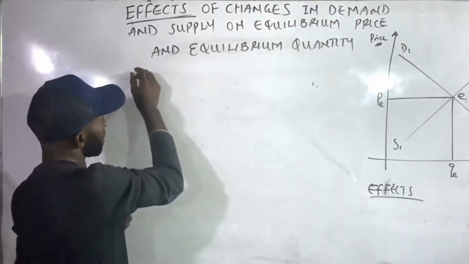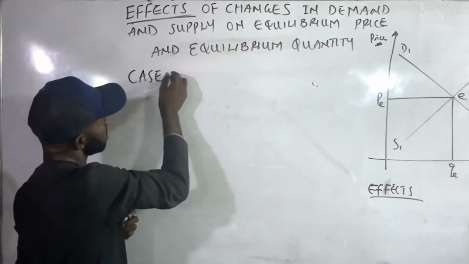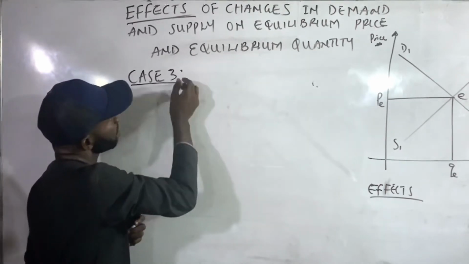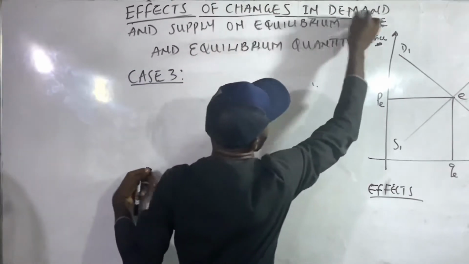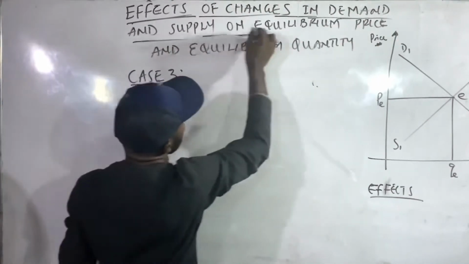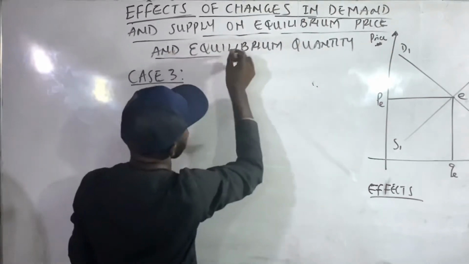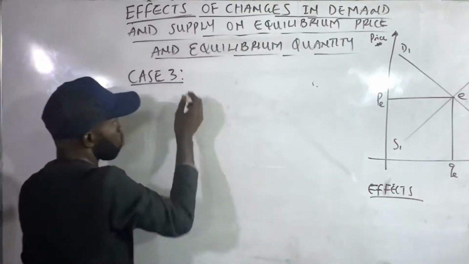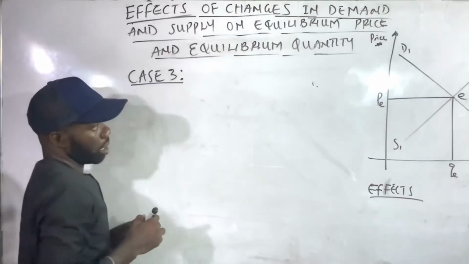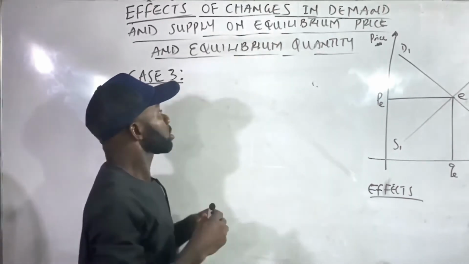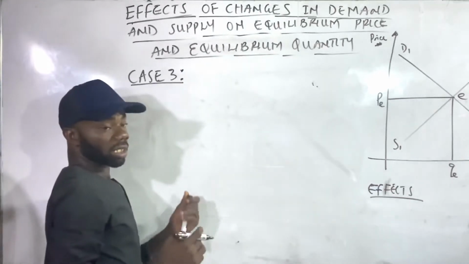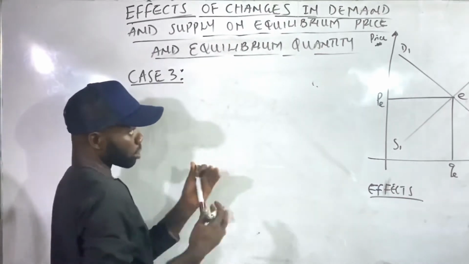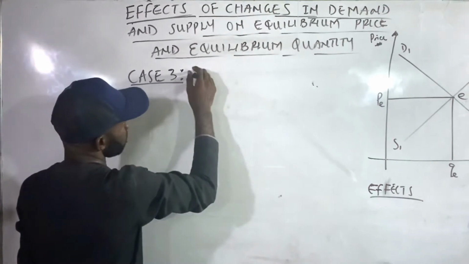Now for case number 3, we consider a third instruction where the examiner decides to have the changes affecting both demand and supply.